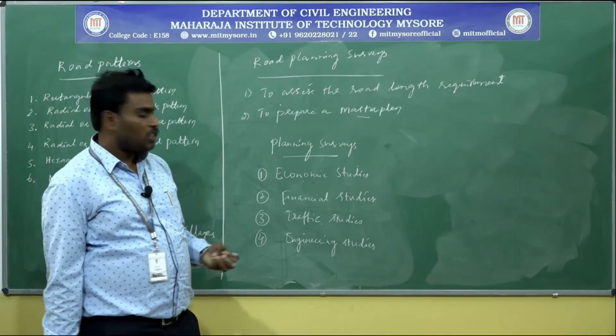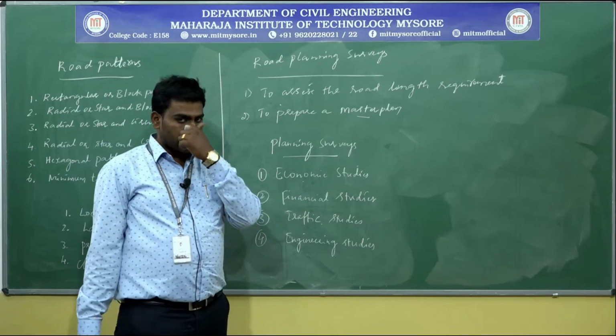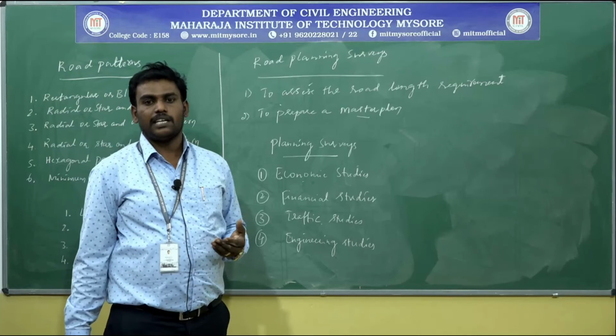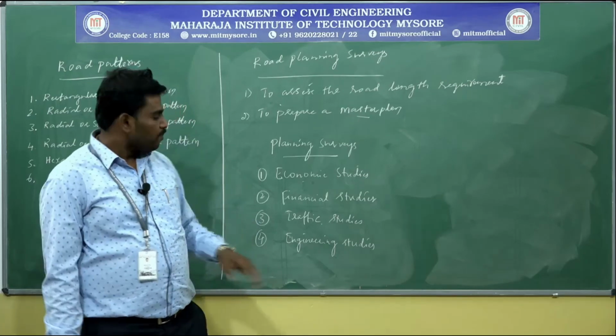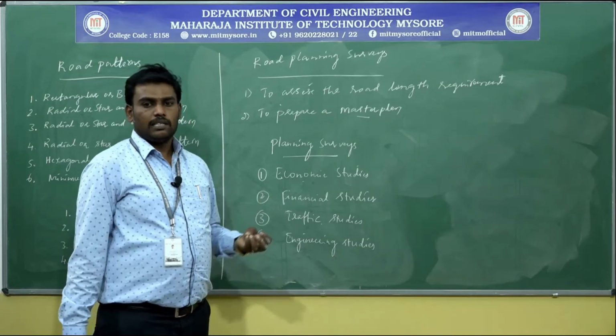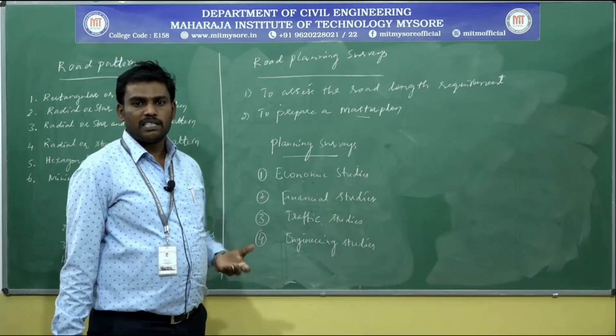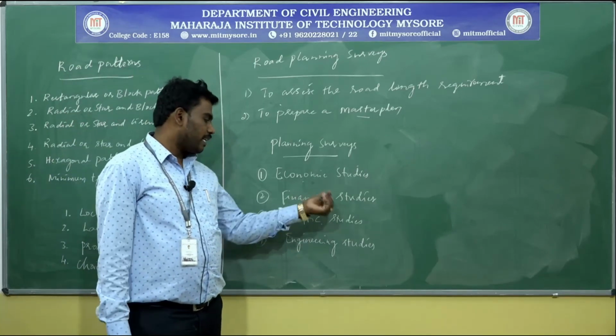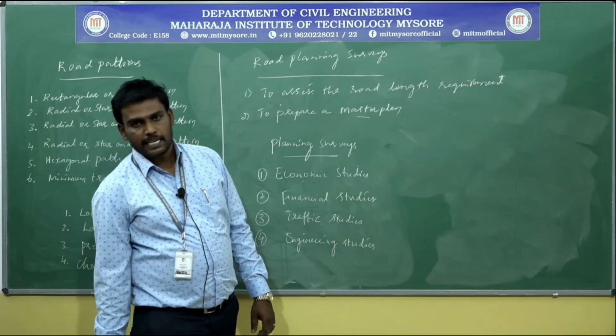These are the data to be collected in the financial studies. Number 1, the source of income for the states and centers from the tax collected, second is living standards of the locality, then possible improvements in the living standards or lifestyle of the people in the respective locality.